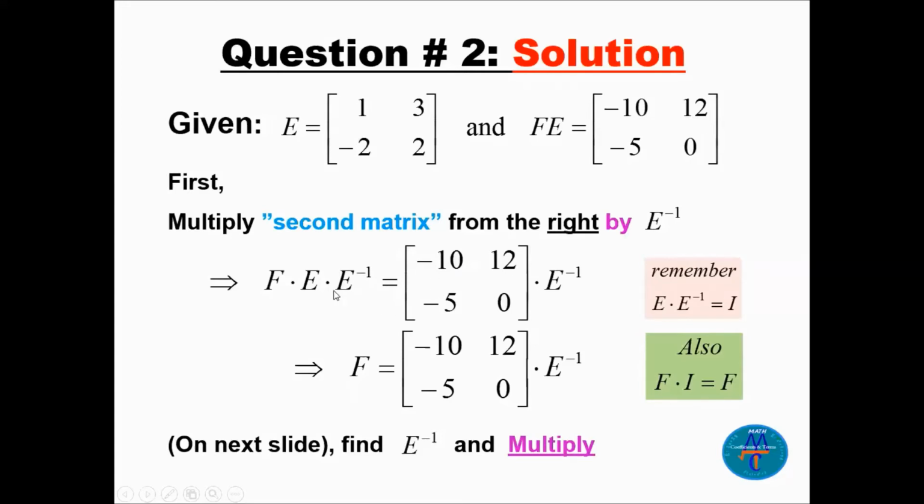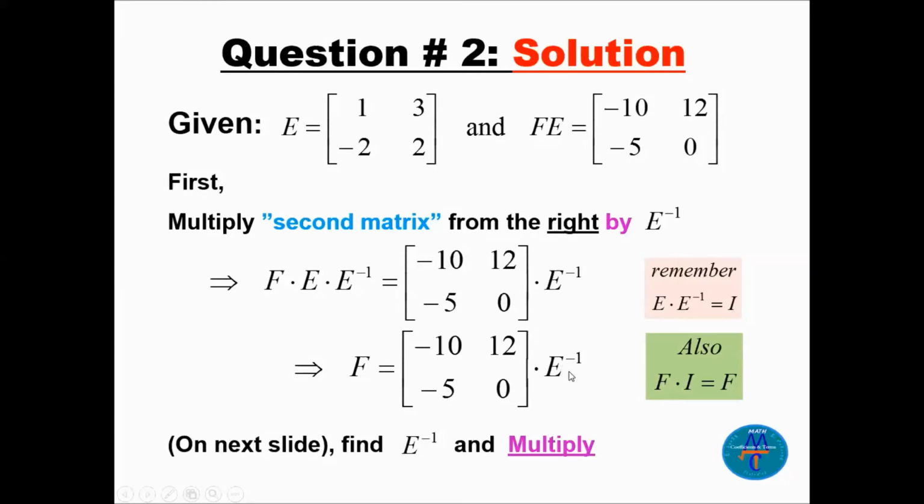E times E inverse is I. That's the identity. And then I times F. See, F times I is already F because I is the identity matrix. It does not affect the product. So this is F. You see, what I need is F. F will be [-10, 12; -5, 0] times E inverse.